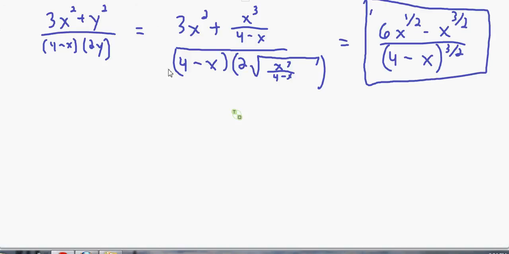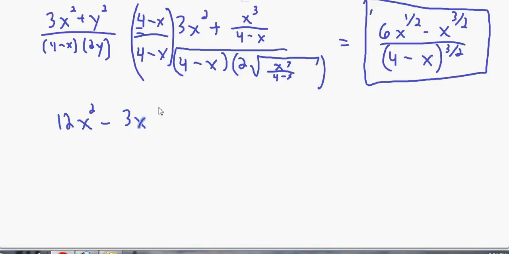We'll multiply the top and the bottom of this big fraction by 4 minus x, and that's going to give me, so think about this: 4 minus x over 4 minus x times this whole big fraction. 3x squared times 4 minus x is 12x squared minus 3x cubed plus 4 minus x times this is just x cubed over 4 minus x times this stuff.